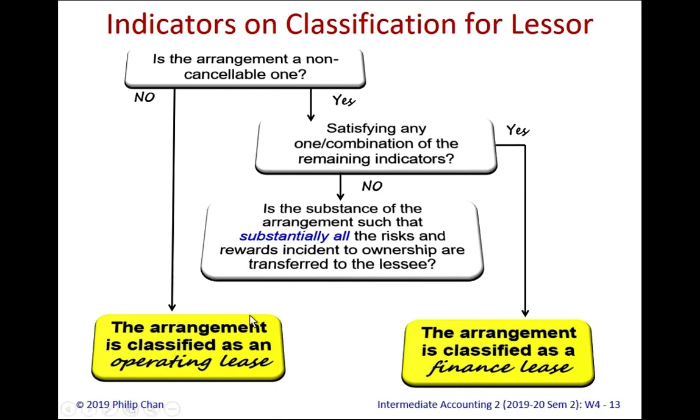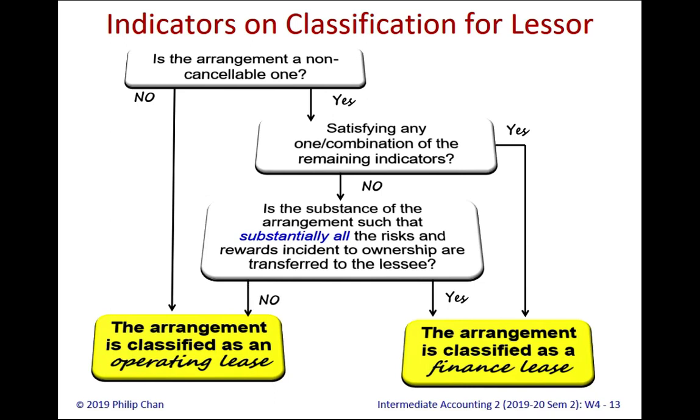So in other words, can anything other than the indicators provide evidence that substantially all the risks and rewards have been transferred to the lessee? If you can, then you can classify your lease as a finance lease. If not, then operating.